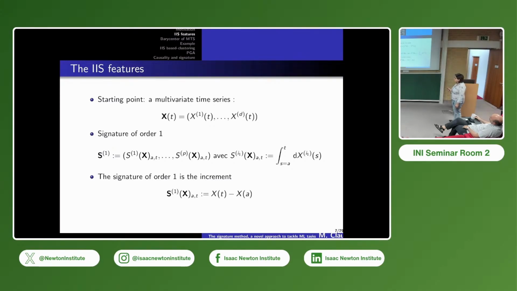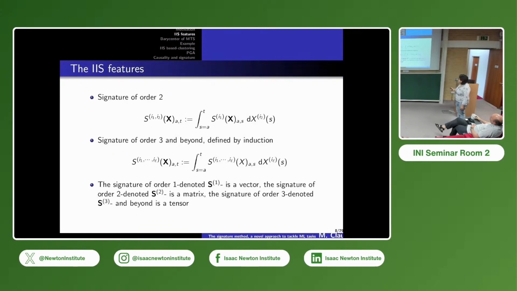So here you have the signature of order 1, which gives you first order information, which may be interesting. The second order encodes somehow the causality in a very loose way. I will explain why with a small example and a small picture.